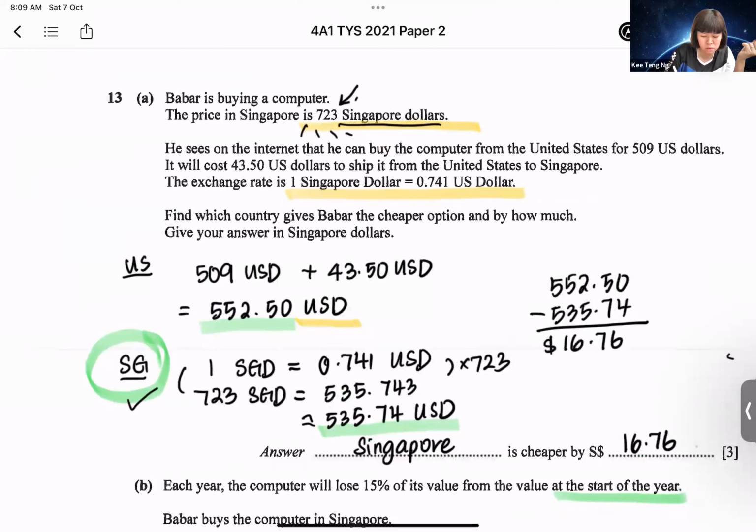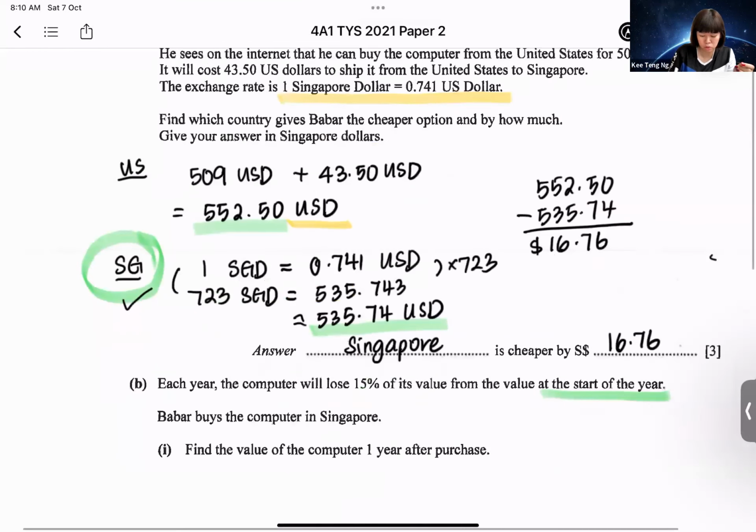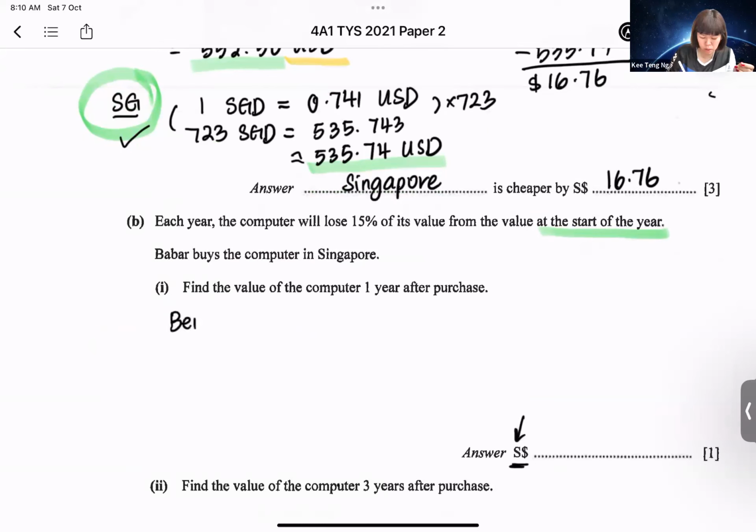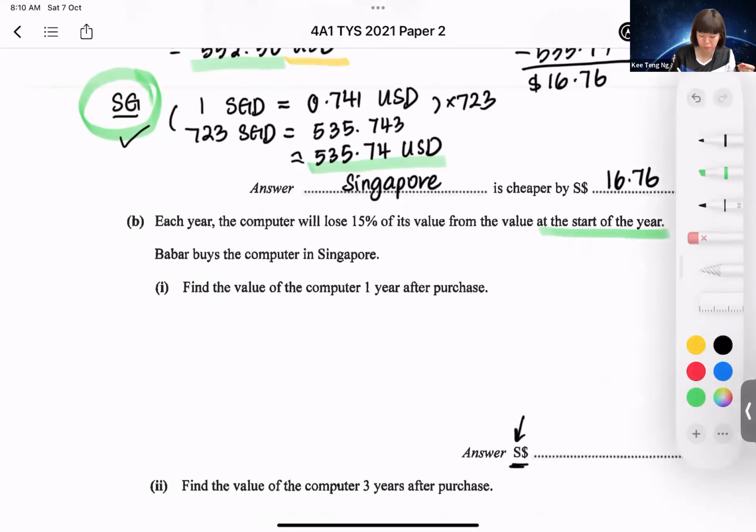Okay, make sure you know how to link up the question. Is 13A, the whole part together, right? A and B. So this is 723. So at the start of the year, the price is 723 SGD.